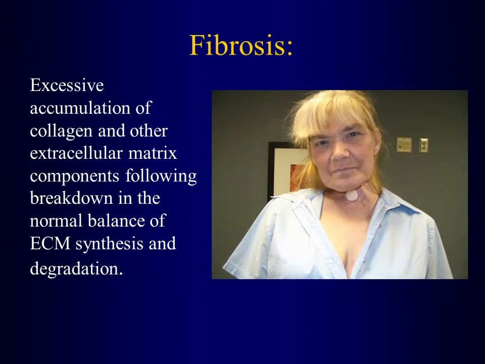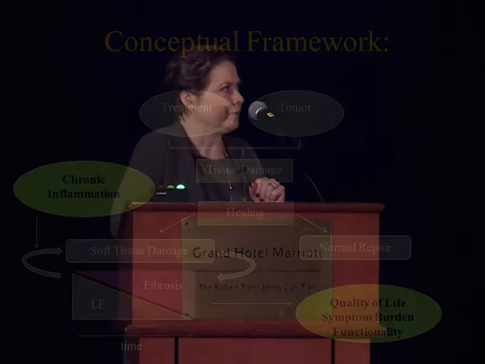So we get more synthesis and deposition than degradation. And this, of course, can lead to a woody texture to the tissue. So there's an altered texture. And in conjunction with that, although it's not a one-to-one relationship, the tendency is when the tissues become woody in texture or hard, they become less compliant, and you get loss of range of motion and functionality.